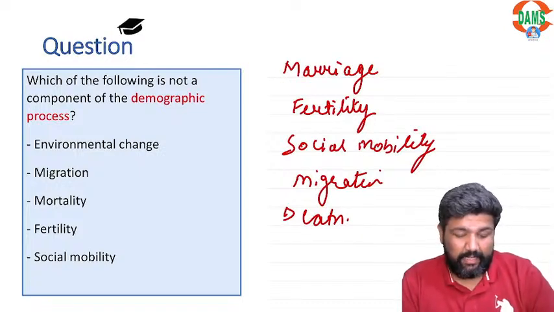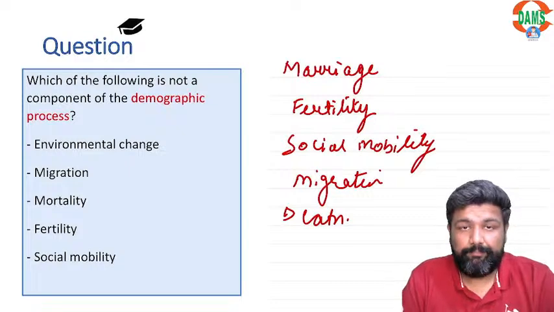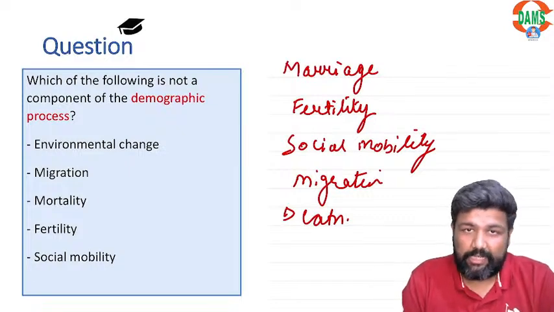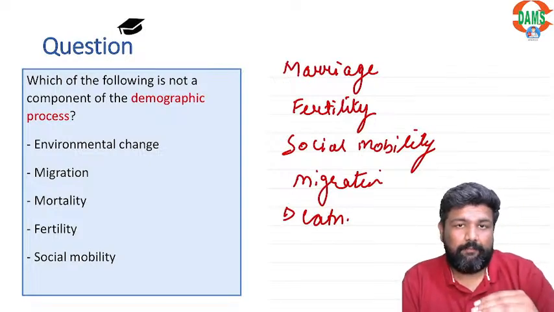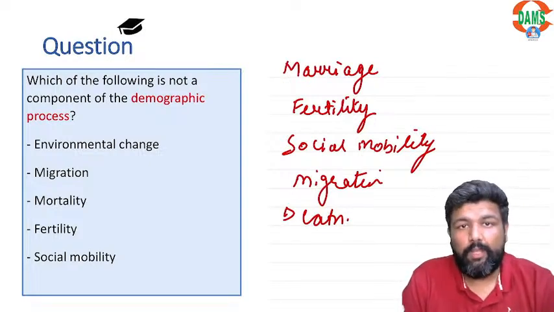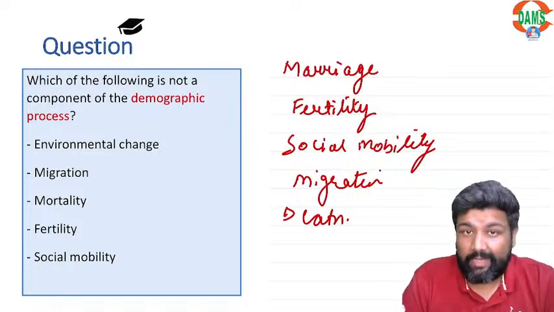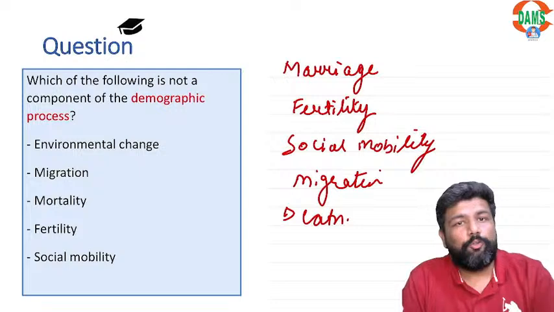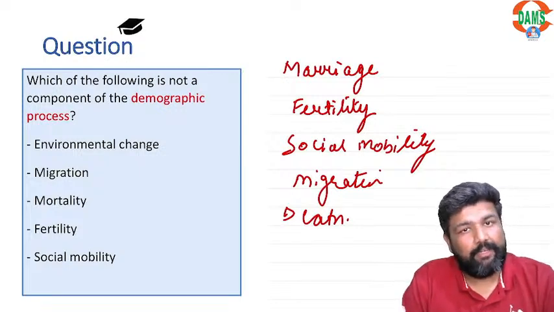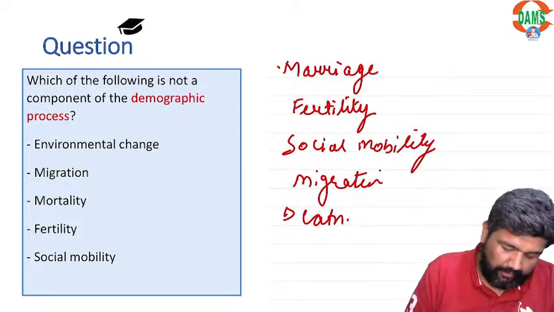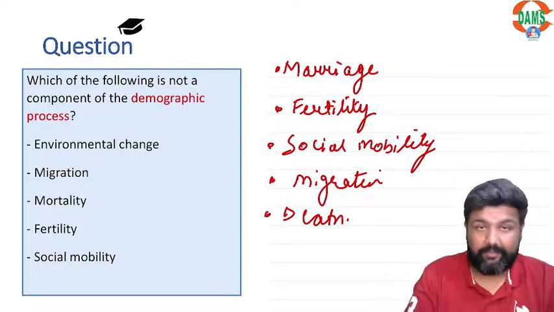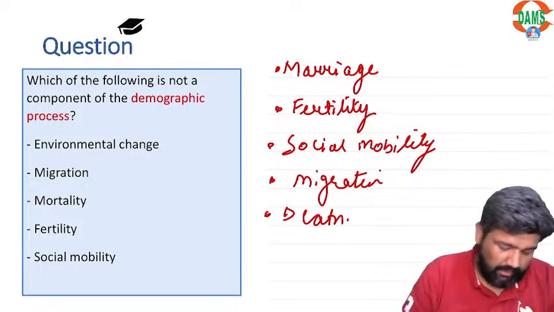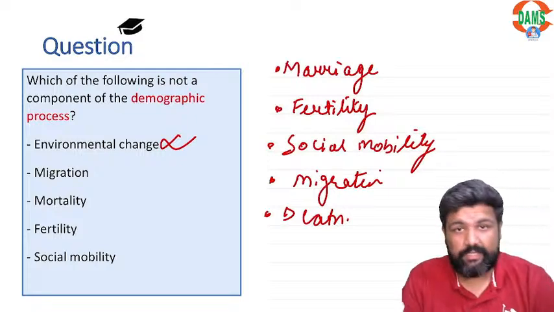So guys, I teach it like this: first someone is getting married, then childbirth, babies, fertility, then they move to another socioeconomic class, social mobility, then they are not happy with their country, they want to move to another place, migration, and finally death. You can learn it like this story, and it is very easy. No environmental change is here.